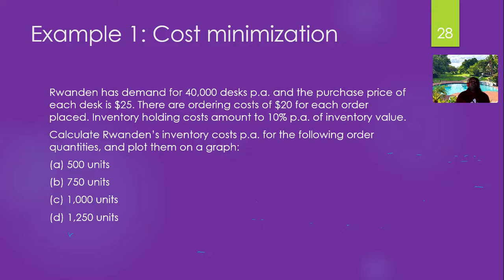Inventory holding costs amount to 10% per annum of inventory value. We are required to calculate the total inventory cost per annum for the following order quantities and plot them on a graph. So that's the requirement, ladies and gentlemen, we need to contend with.